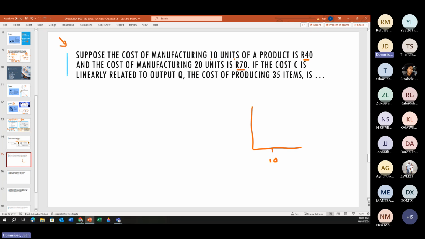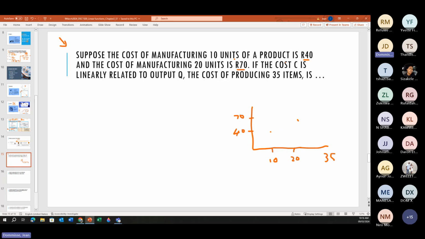Suppose the cost of manufacturing 10 units of a product is 40 Rand. So there's that point. And the cost of manufacturing 20 is 70. What is the cost of producing 35 items?